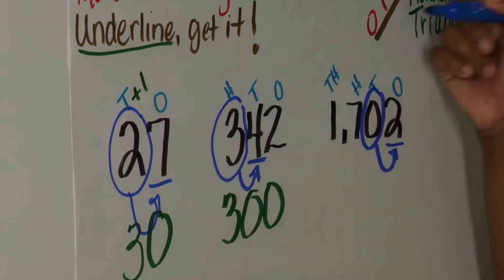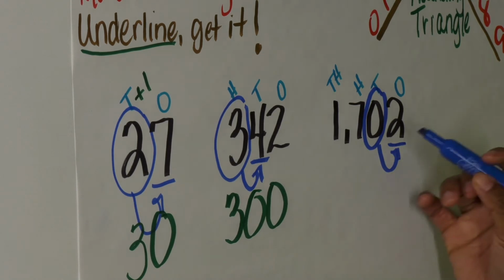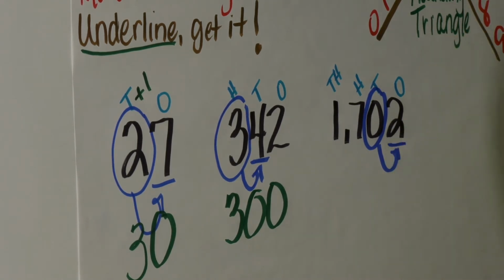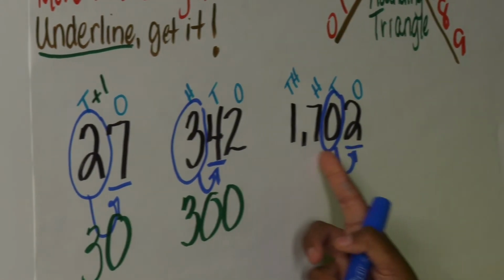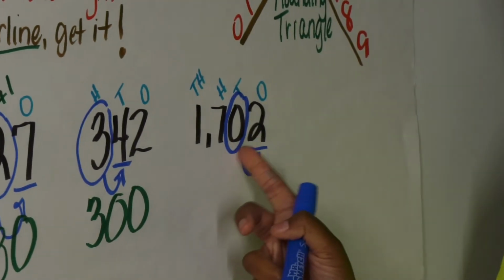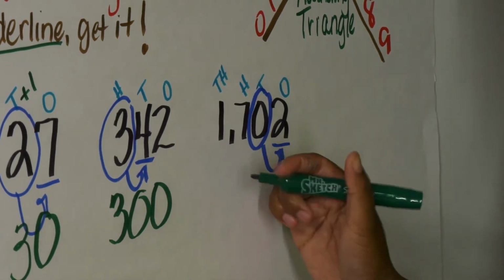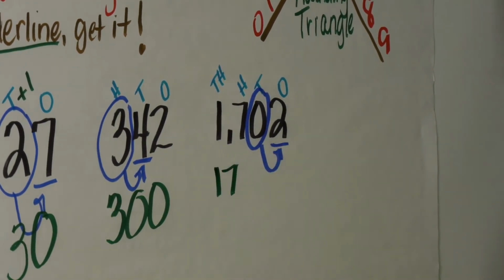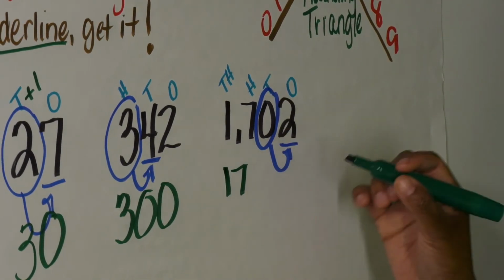The 2, according to our rounding triangle, tells us to stay the same. So this is where I want you to pay close attention. Anything in front of your circle digit just gets brought down. That's it. We just bring it straight down. Okay, now what did the 2 tell us to do to our circle digit?